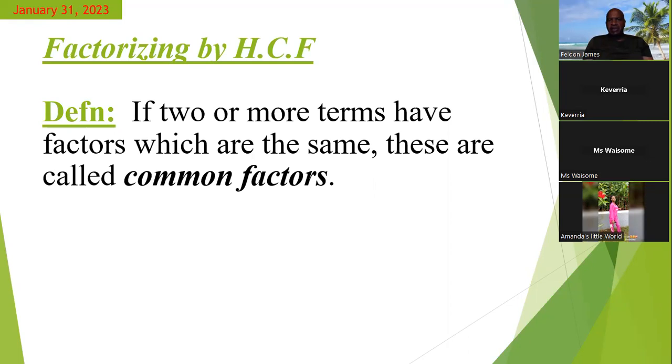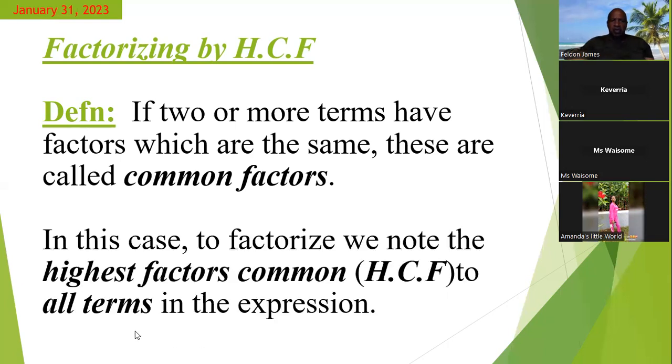All right, so we started off by looking at the common factor type expression. And so we say that if two or more terms have common factor or have factors which are common, these are called common factors, all right?